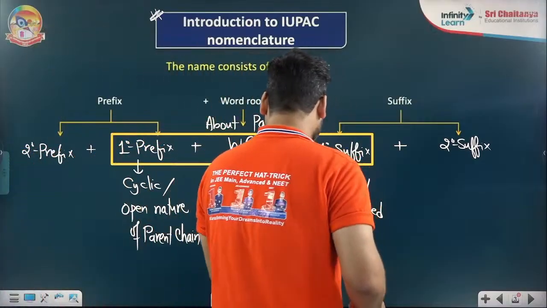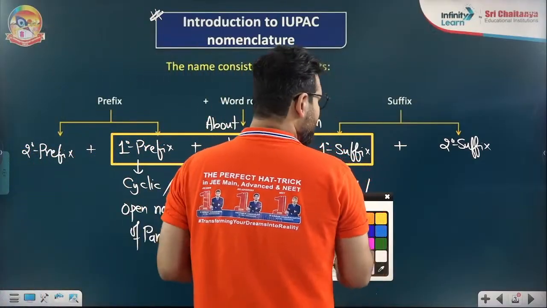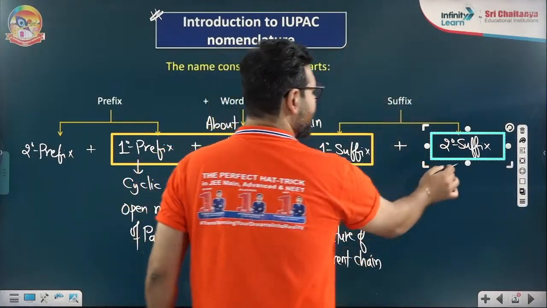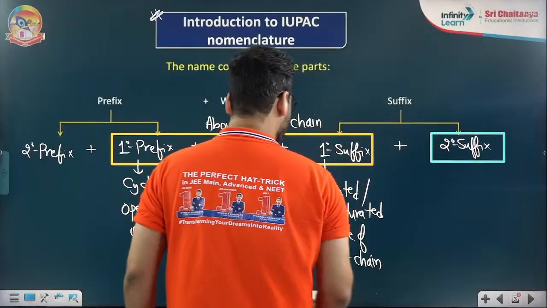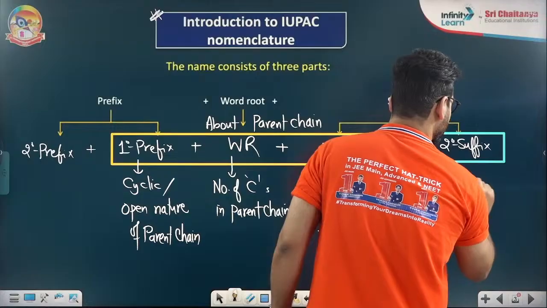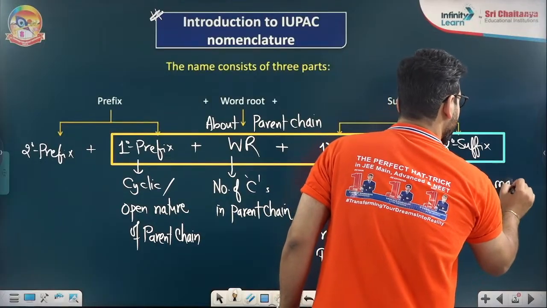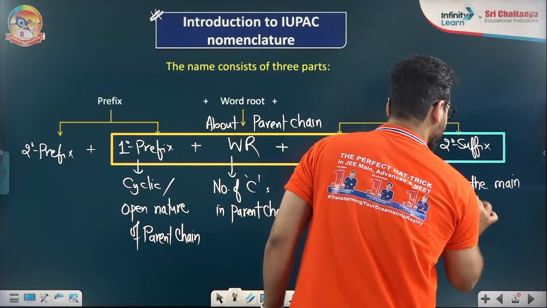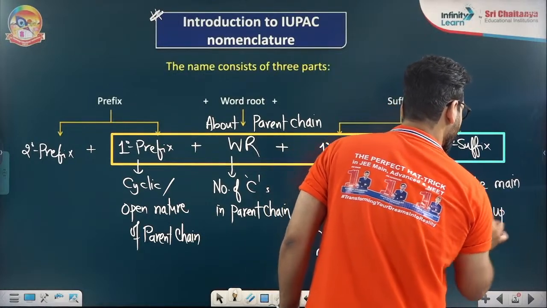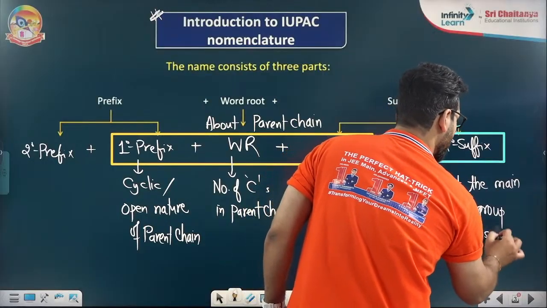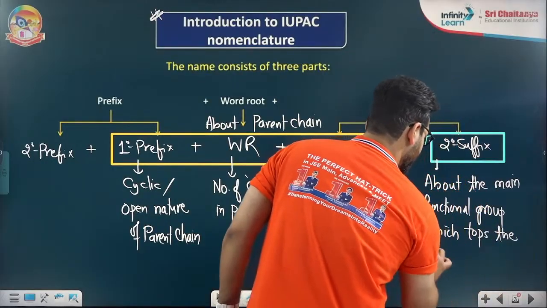So what does secondary suffix tell you? It tells you about the main functional group which tops the priority table. Please write it down. This tells about the main functional group which tops the priority table.